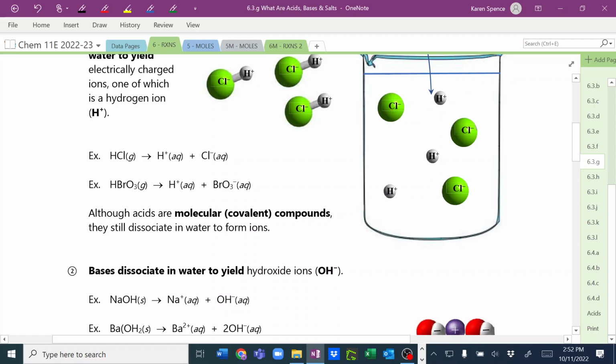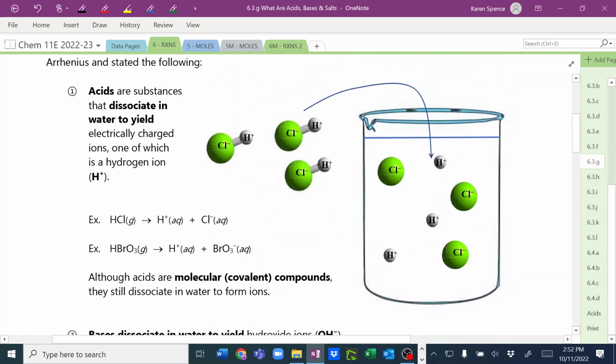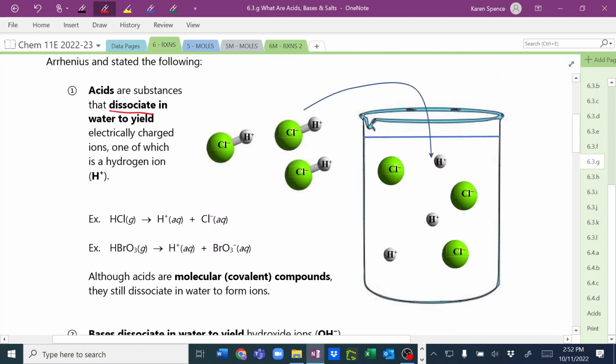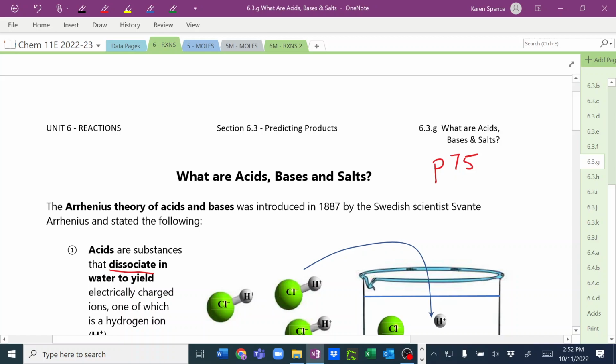So if you have an acid dissolved in water, it's going to dissociate in a similar way to ionic compounds. Remember when your ionic compounds go into water, they dissociate. So if you had solid sodium chloride and dissolved it in water, it would become Na+ floating around separately from Cl-, okay?